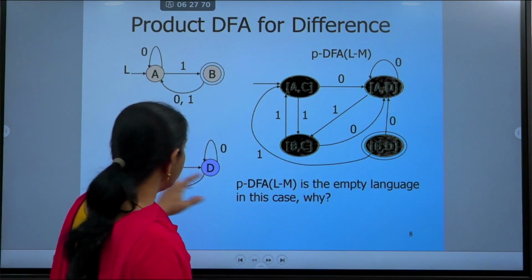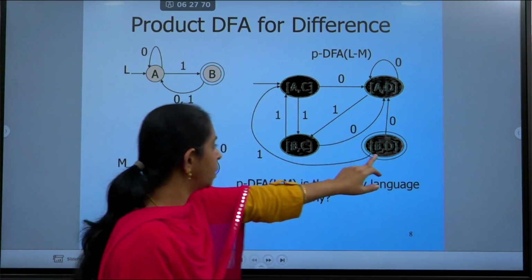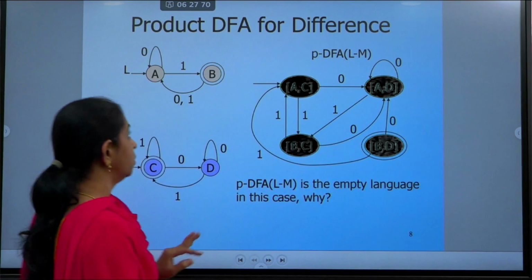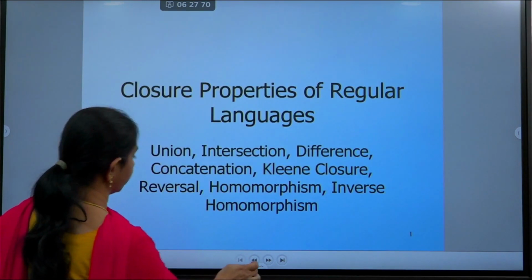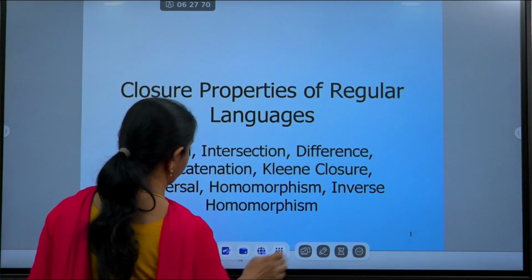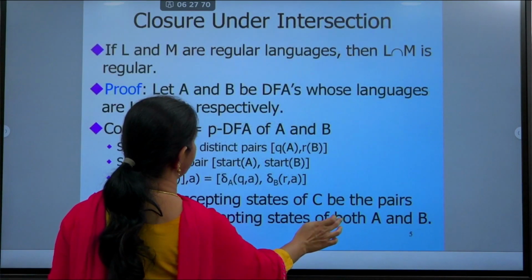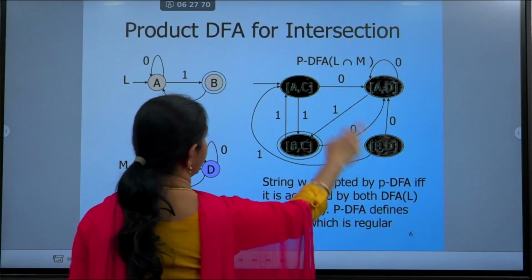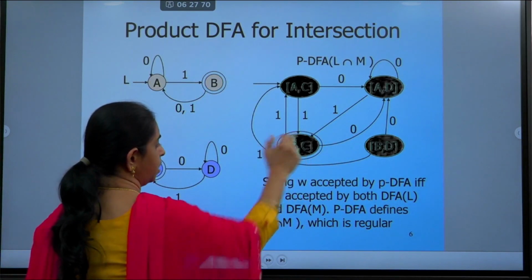After intersection we are making B comma D the common. So here we have seen closure properties of union, concatenation, intersection. So B and C are the final state. So B comma C is the final state.